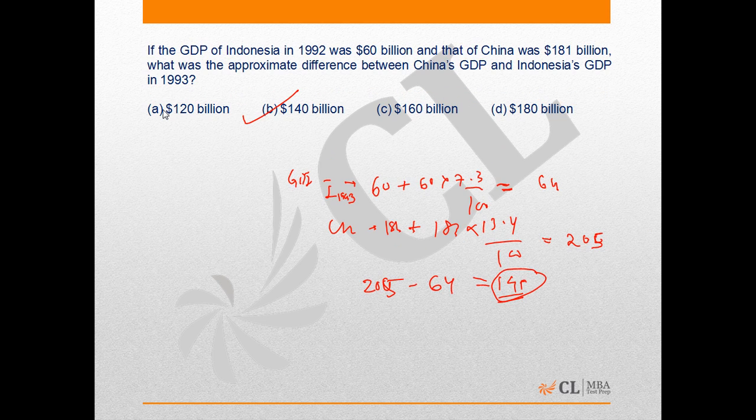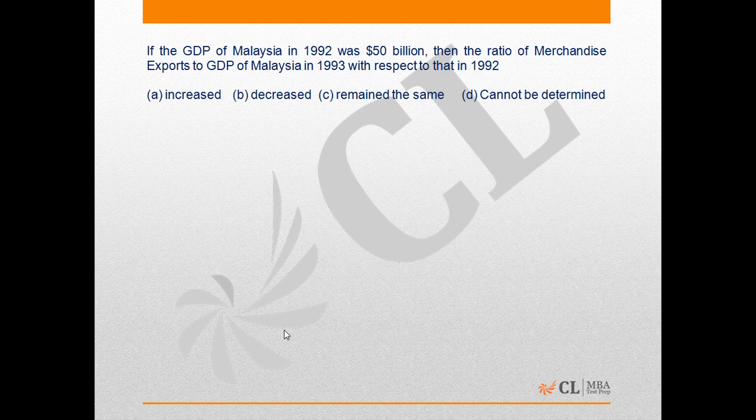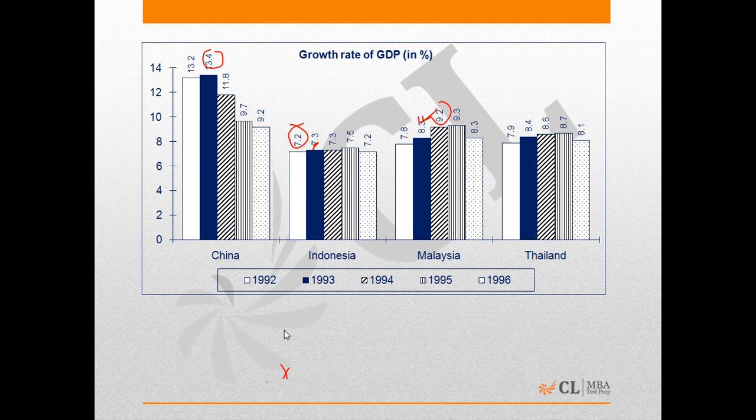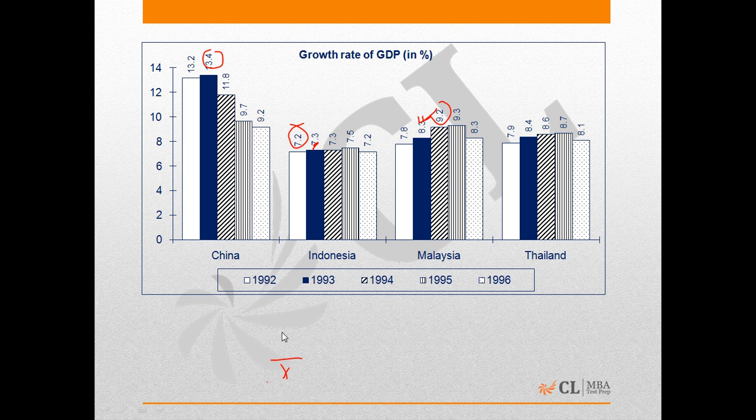So let's assume the GDP of Thailand in 1992 was X. Therefore, the ratio of merchandise export to GDP in 1992 will be 32.5 upon X. In 1993 it will be 37 upon X into 1.084, as the growth rate of Thailand in 1993 is 8.4.